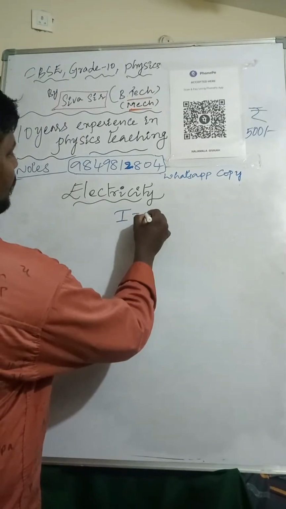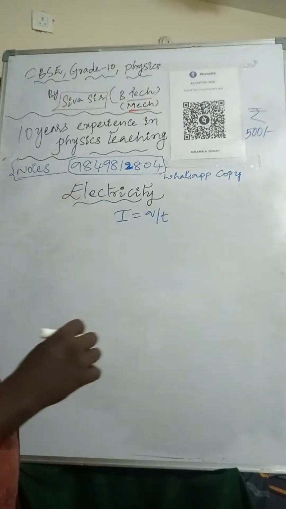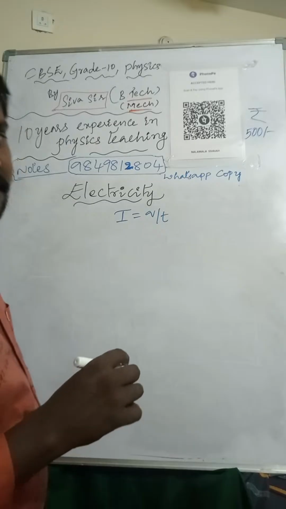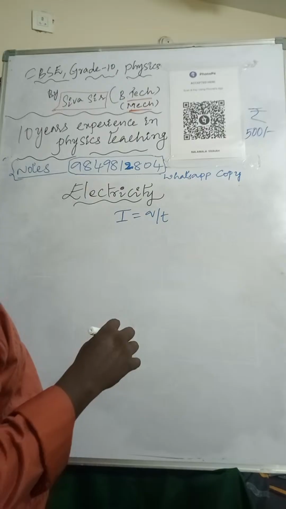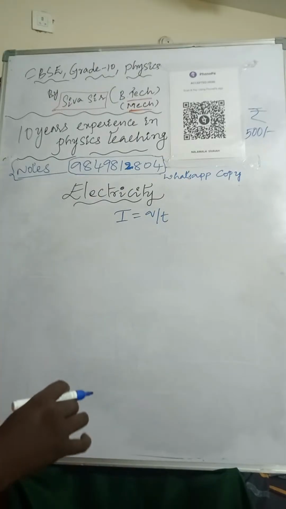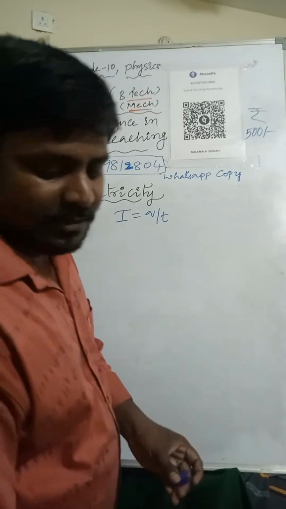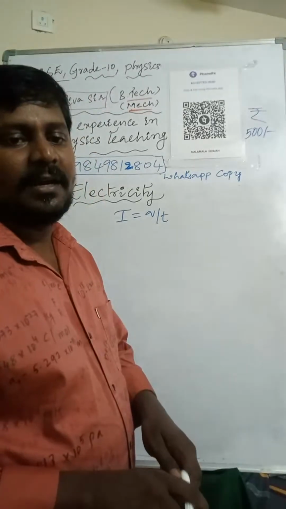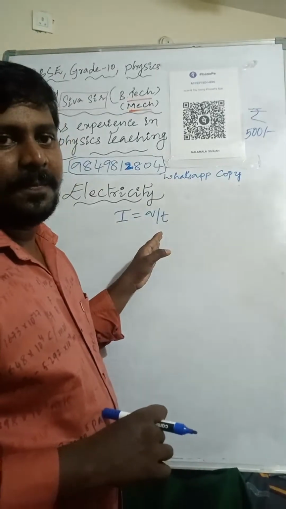I equals Q by T. The definition of electric current is the rate of flow of charge.